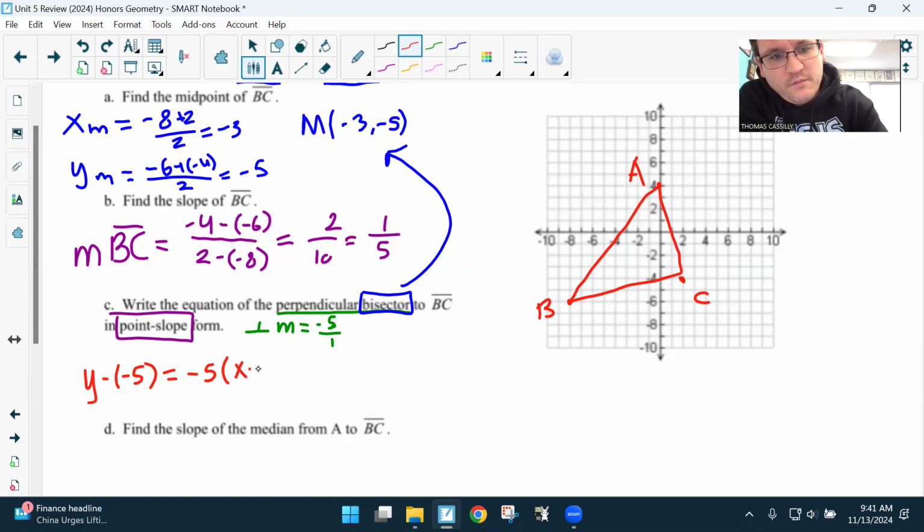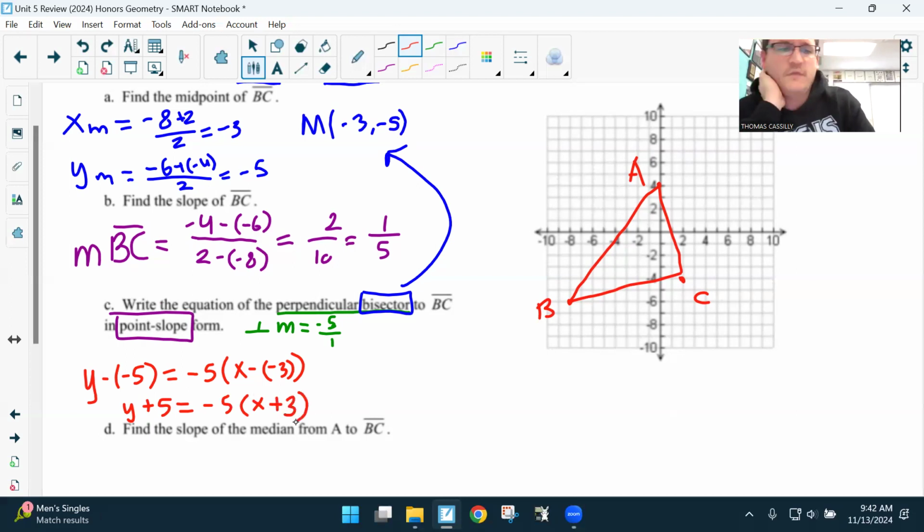And then x minus -3. All right. And then if we clean this up, we're going to have y plus 5 equals -5 times x plus 3. There you go. That is the point slope form of this equation, and we are finished here.